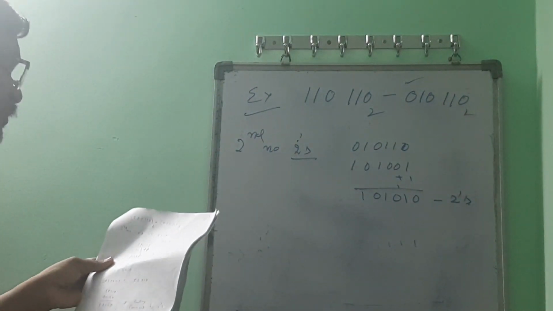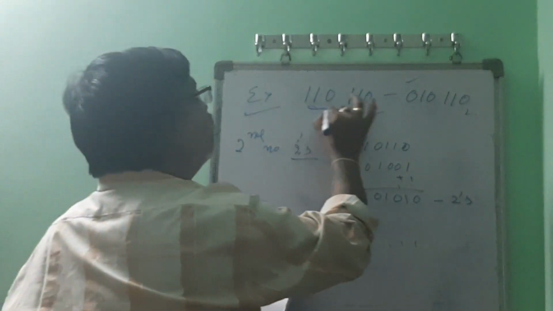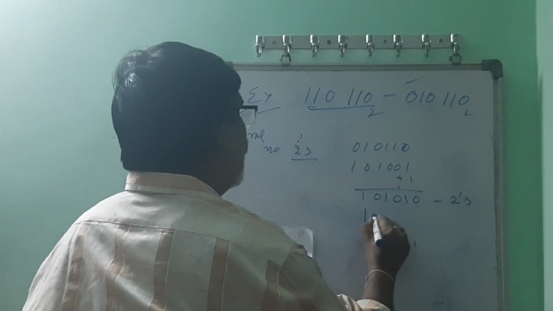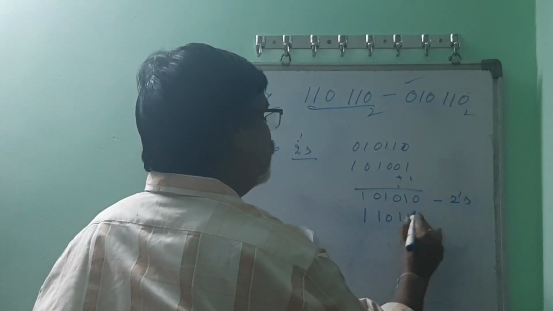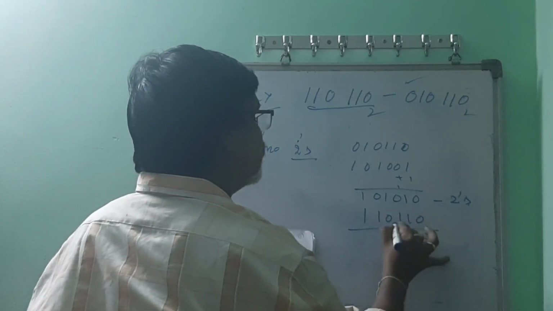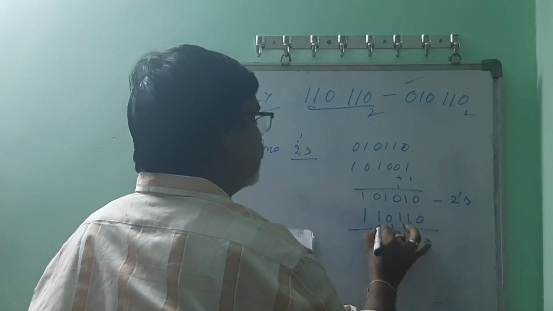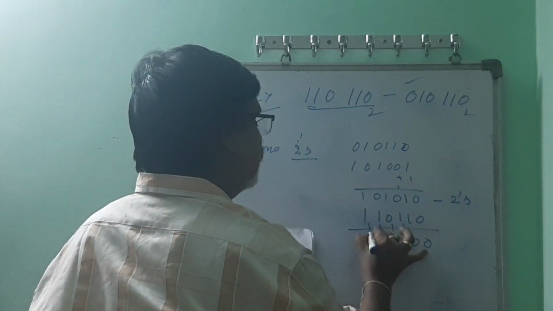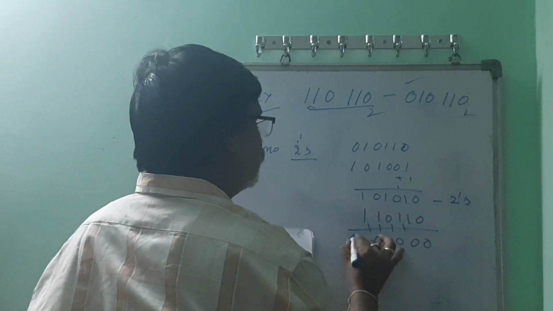So whatever 2's complement you got, you have to add this number, 1 1 0 1 1 0. So when you perform the addition, 0 plus 1, 1 plus 1, and so on.